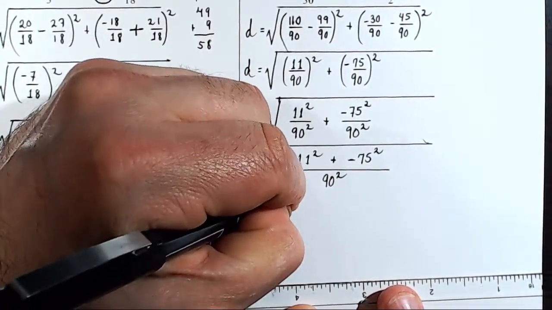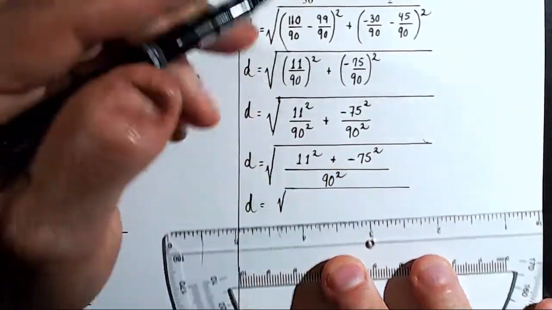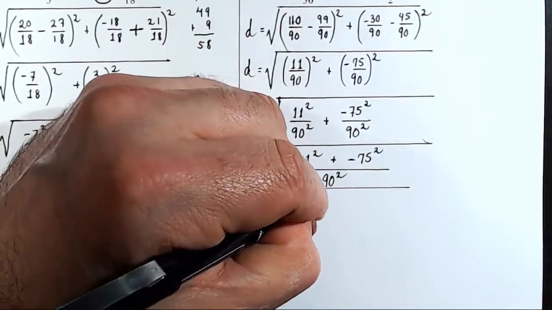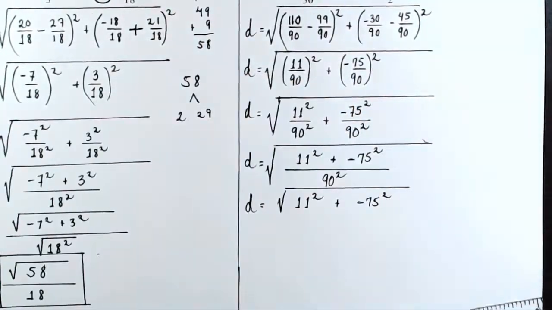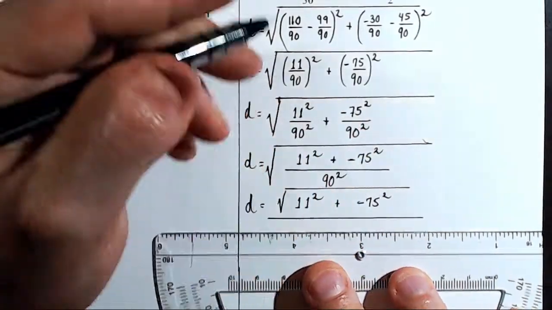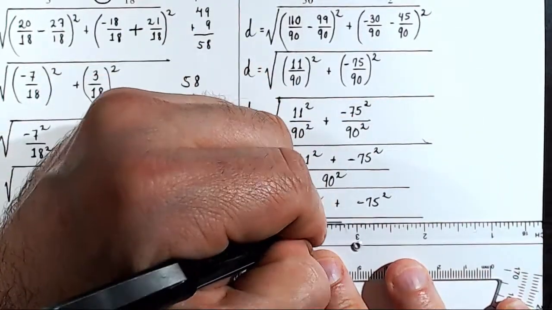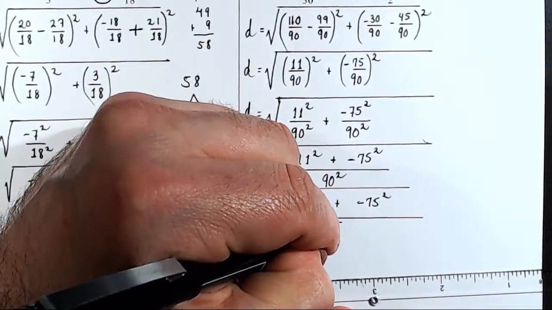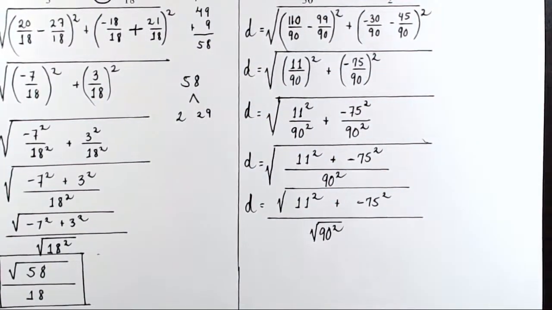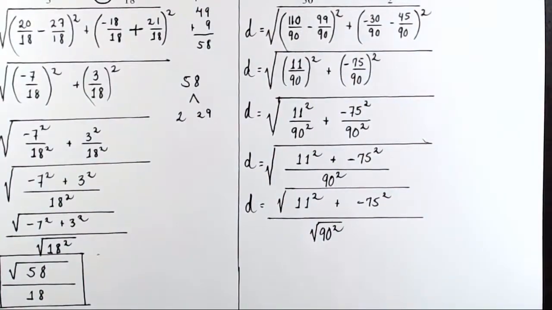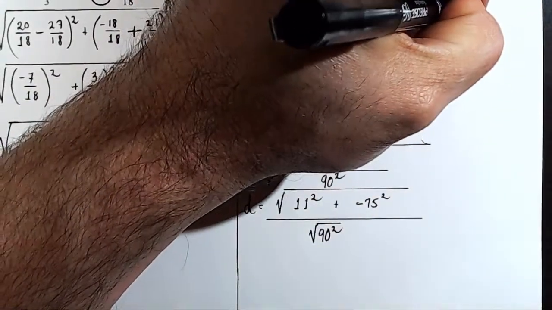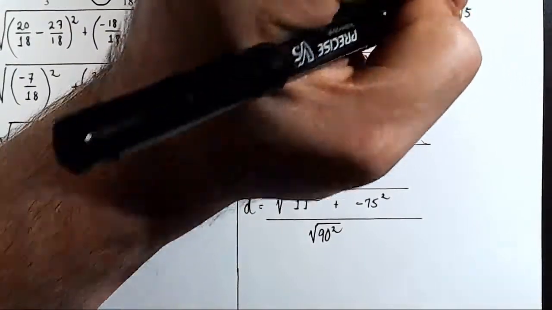So d equals the square root of 11 squared plus negative 75 squared over the square root of 90 squared. Okay, and so now I'm going to do two things. First, I'll turn square root of 90 squared into 90, and I'll go ahead and square 11 and square negative 75. So 11 squared is 121, and I got to do 75 times 75.